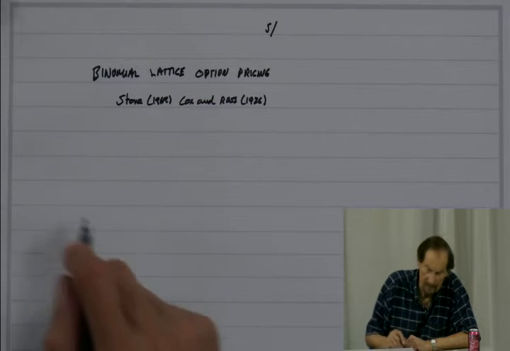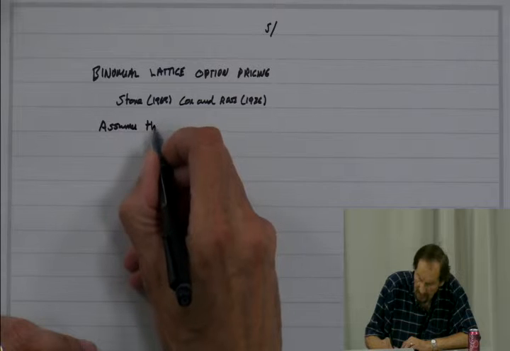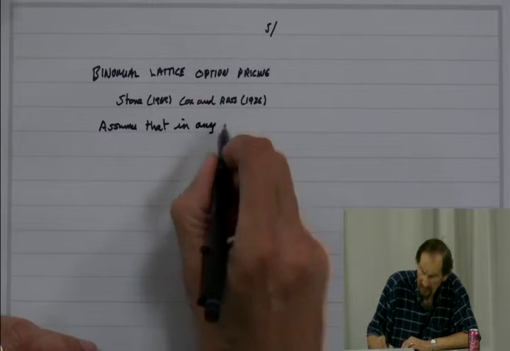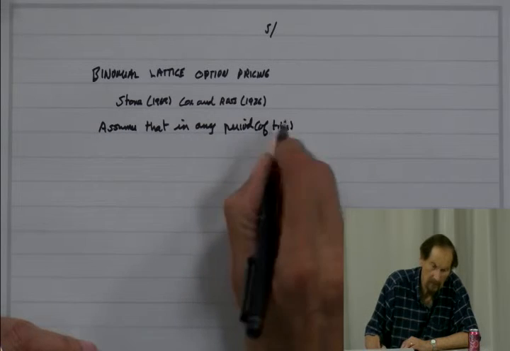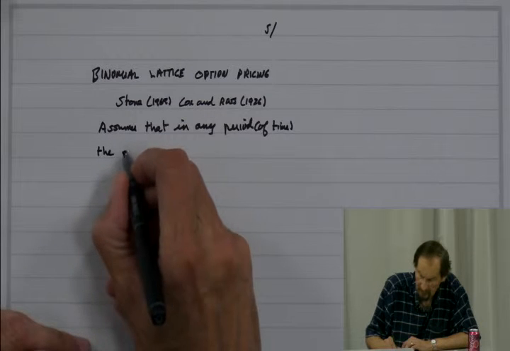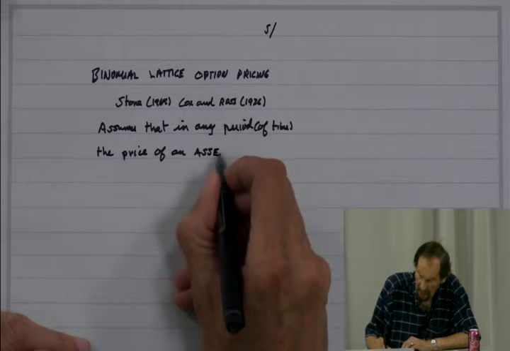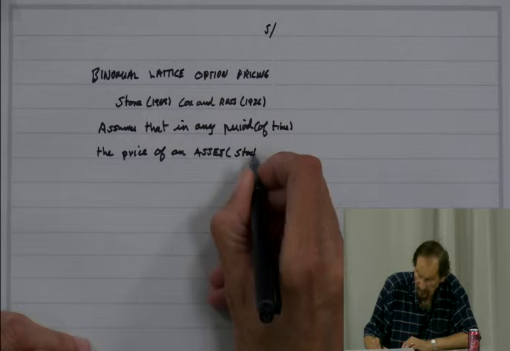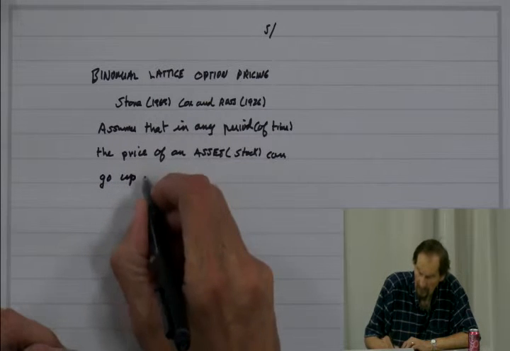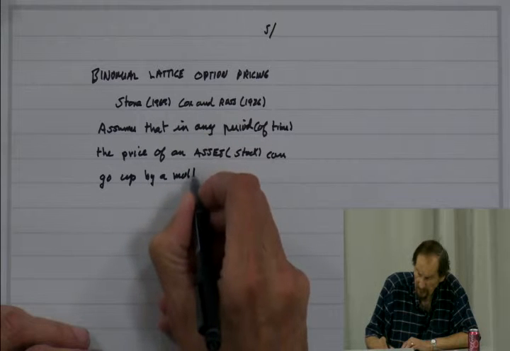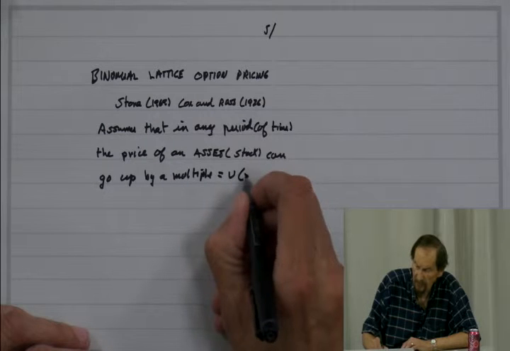Now, the binomial lattice model does the following. This assumes that in any period of time, of course, the price of an asset, and most often this is used for stock, can go up by a multiple equal to u, which is strictly greater than 1.